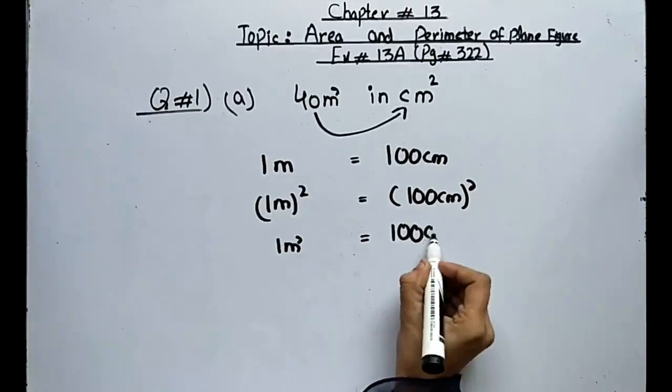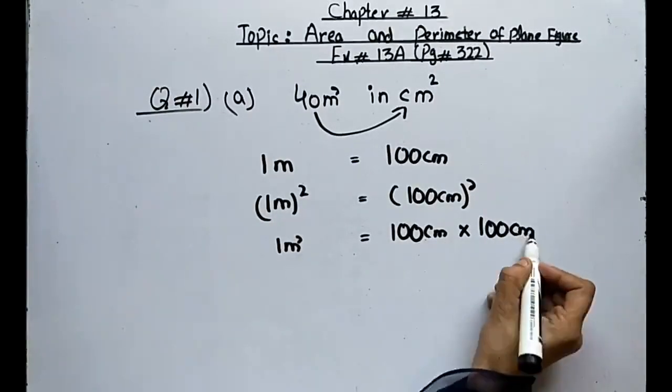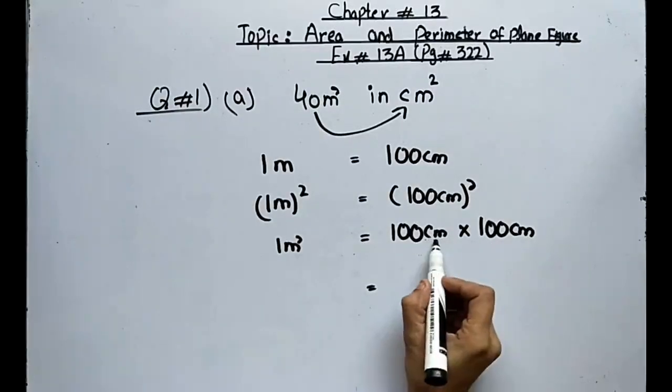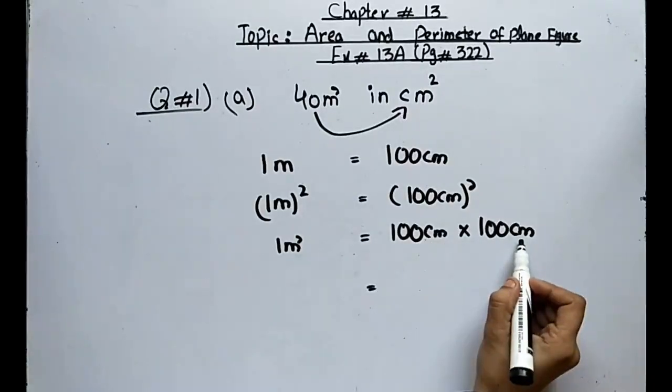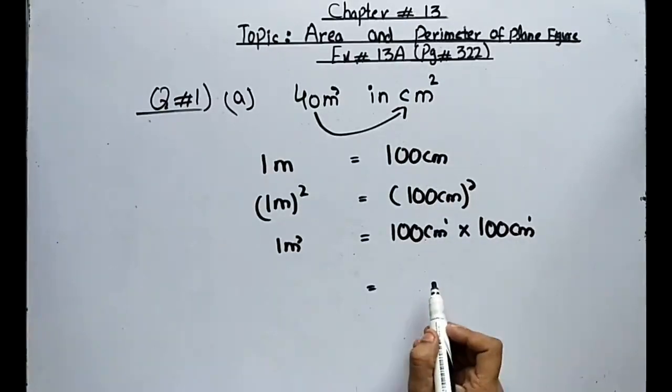So 100 centimeter multiply 100 centimeter. During multiplication, look at the units of length, centimeter and centimeter. The base is the same, so during multiplication we will add the power.